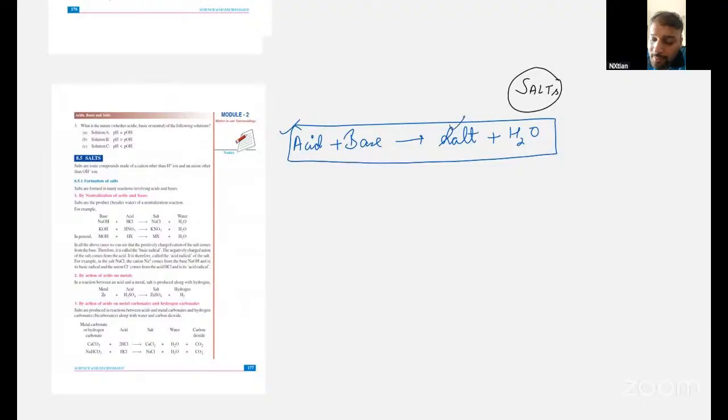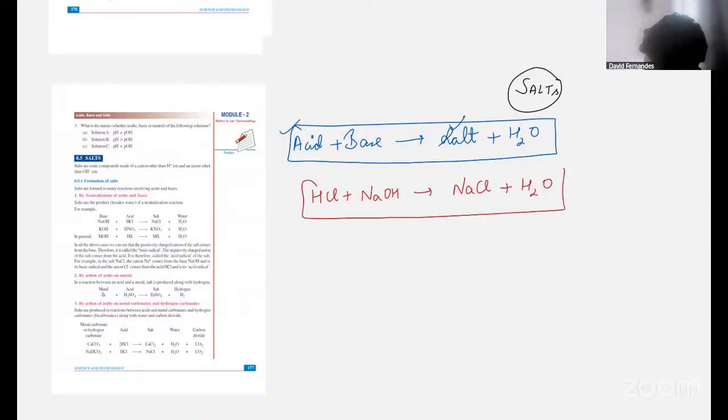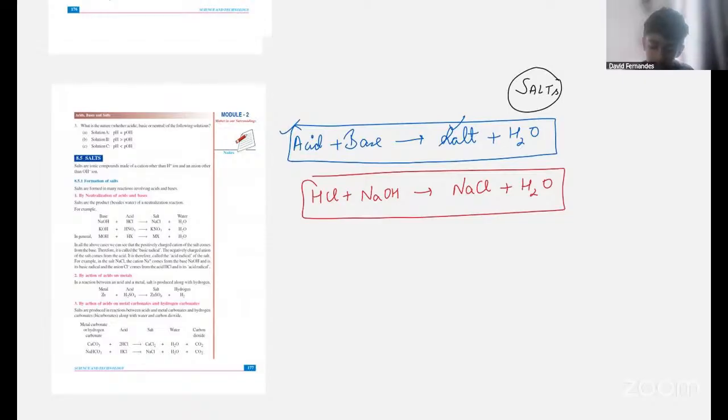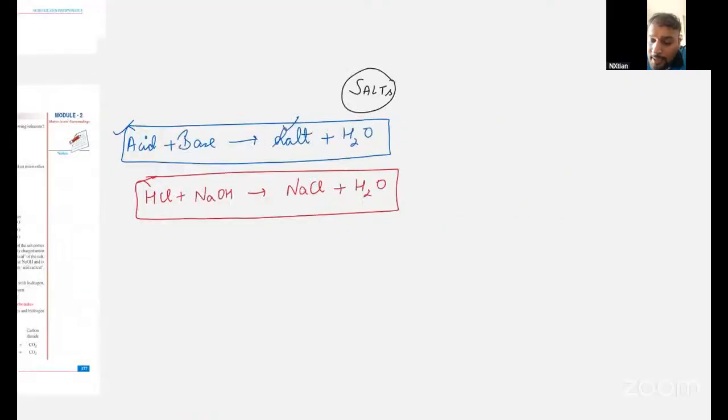For example, if I take HCl plus NaOH, it gives NaCl plus H2O. This NaCl is the salt that we eat, Desh ka namak, Tata namak. Got it? So this NaCl is a salt. We can get salt this way also.